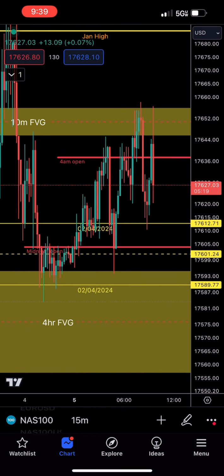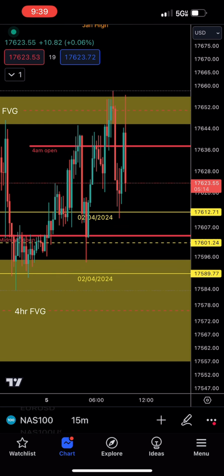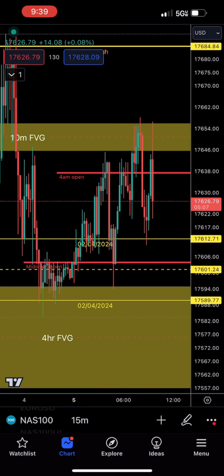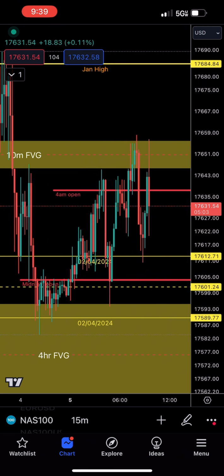Now, what I want to do is give you guys an update on how this trade played out later on throughout the day. Like I told you guys, keep this in mind: my goal was just to sell it within this 4-hour fair value gap.